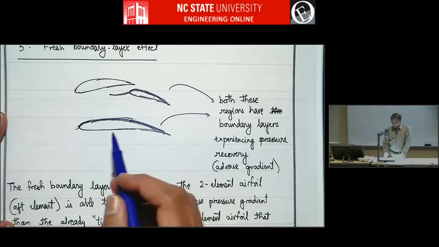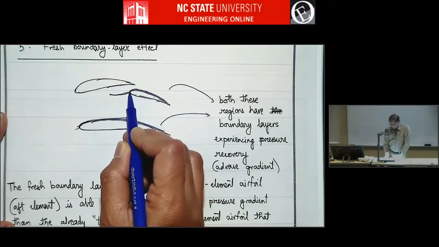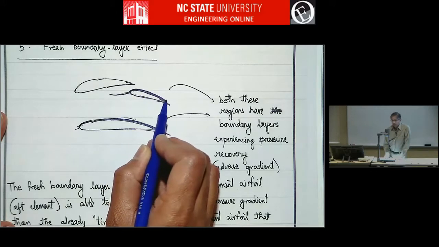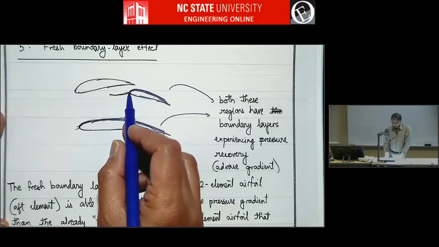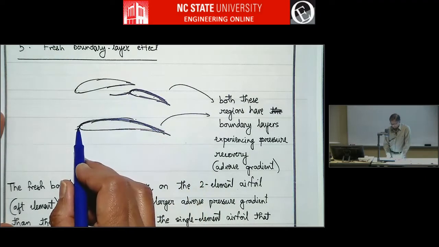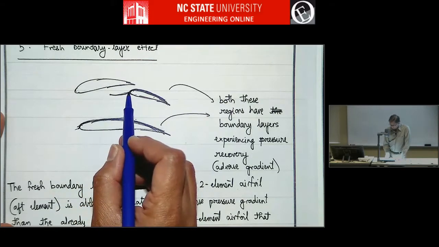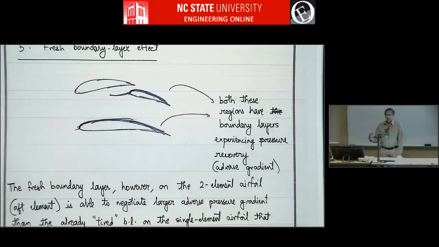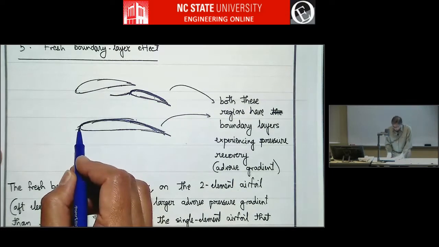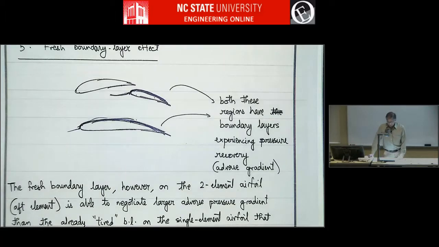But for the same amount of adverse pressure gradient, if you split it up into two, this boundary layer is the one that experiences that adverse pressure gradient, and it's a smaller length boundary layer, right? It only started here, as opposed to this far away in the single element airfoil. So this is like a fresh boundary layer, and it's not lost as much momentum as this longer boundary layer if you had a single airfoil.